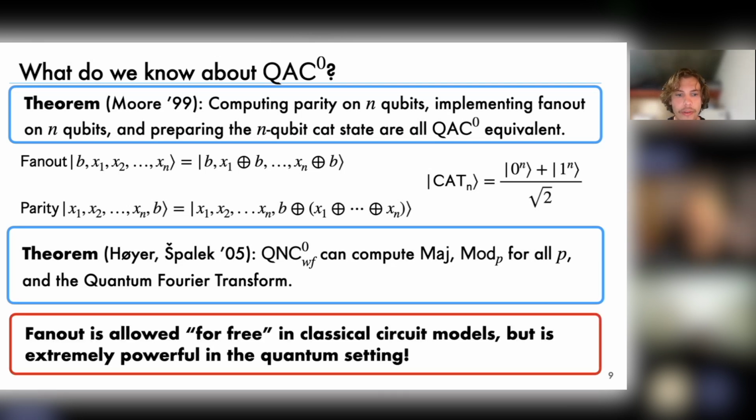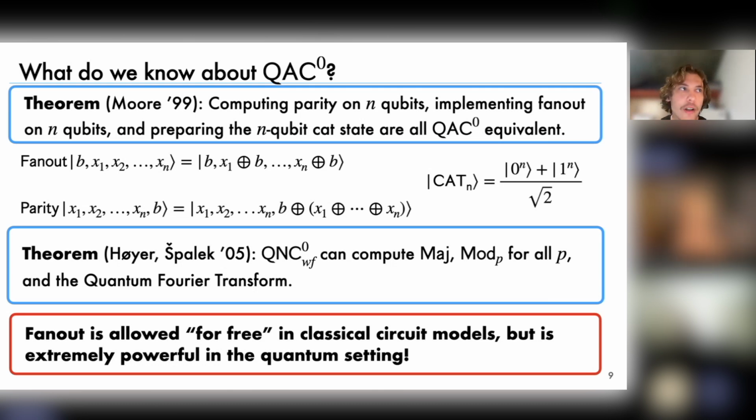And this is a bit strange because classically, fan-out doesn't really seem to give us any sort of crazy power like it does in the quantum case. All this is to say that computing parity or implementing fan-out are very strong quantum operations, and that they lead to all of these other consequences.